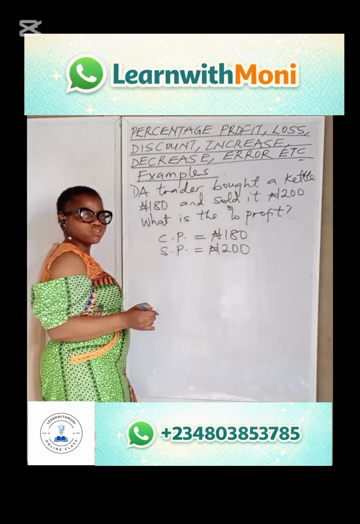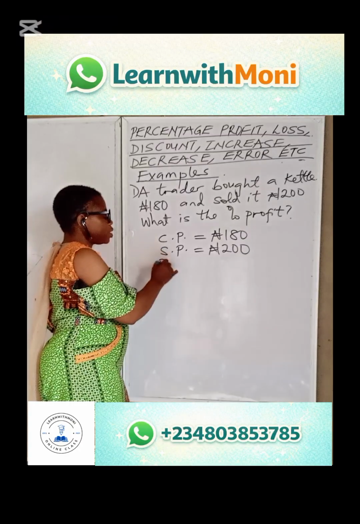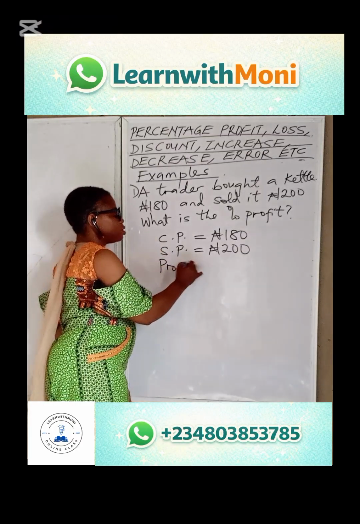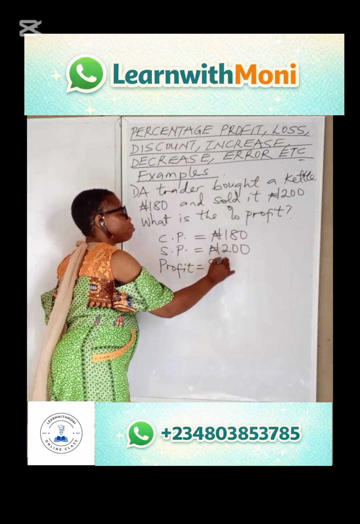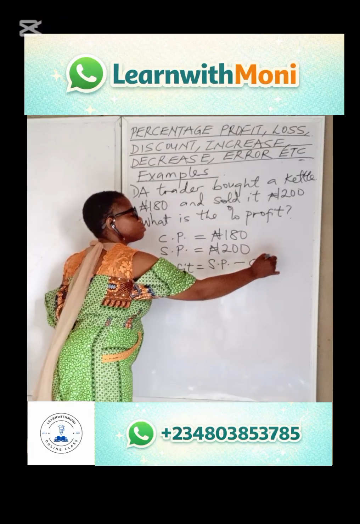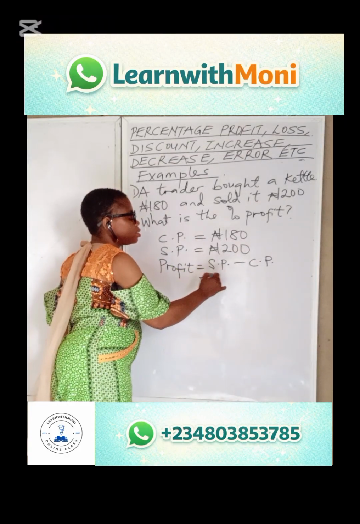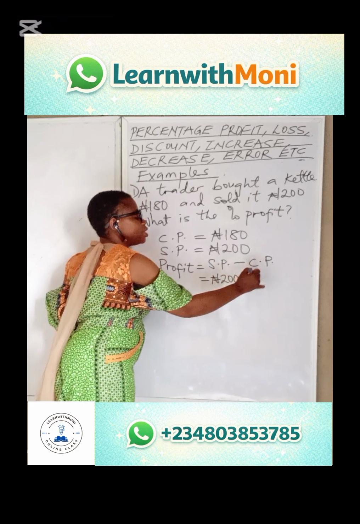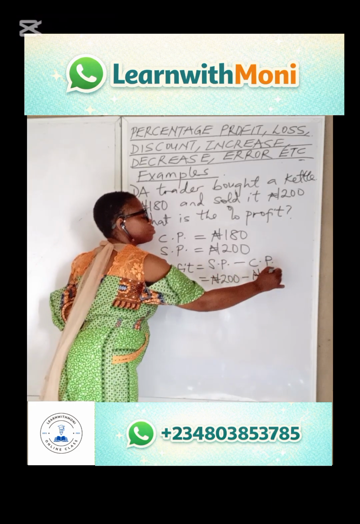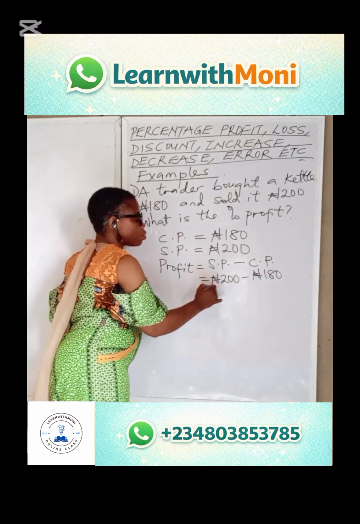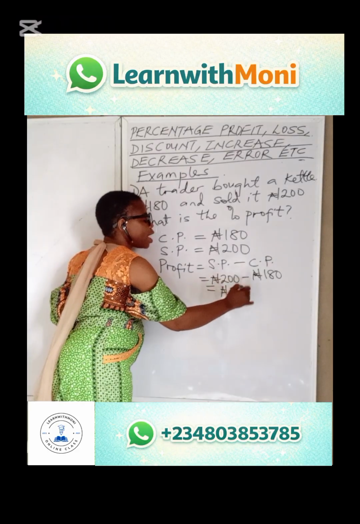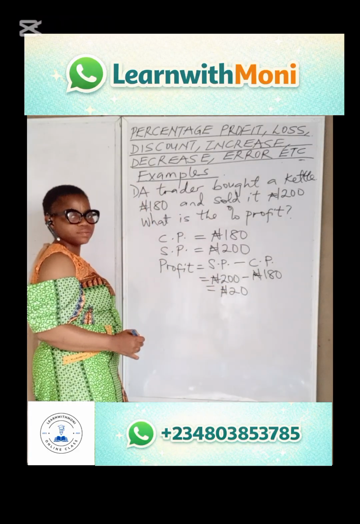For us to know the actual profit, the profit is going to be the selling price minus the cost price, which is 200 naira minus 180 naira, which is equal to 20 naira. That is the actual profit the seller makes.